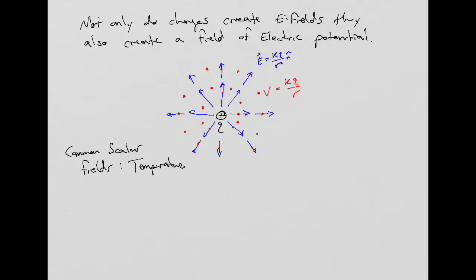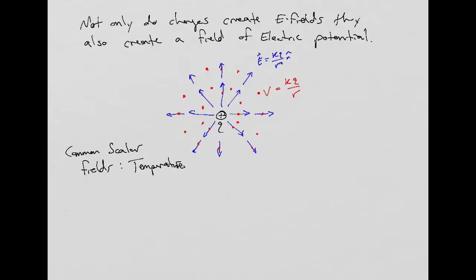I think we mentioned this when we started talking about electric fields. We said that inside the room that you're in right now, there is a temperature value at every single point in space. All of the temperature values in your room are probably relatively the same, since the temperature doesn't vary much around a small room.